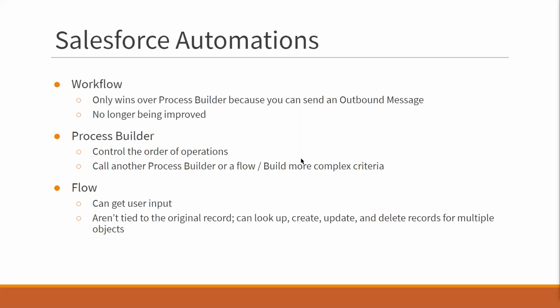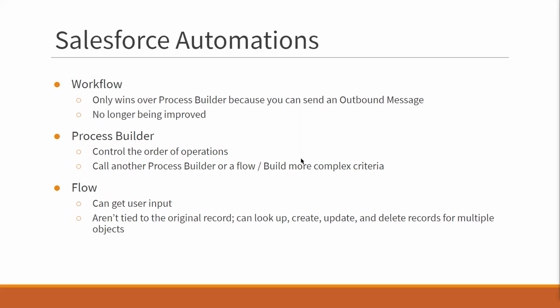So as I said, with Process Builder, if something happens on a case, you can then update something on the associated contact or account. With flow, if something happens to a case, we can look up a product and do something with that. We can look up an asset.